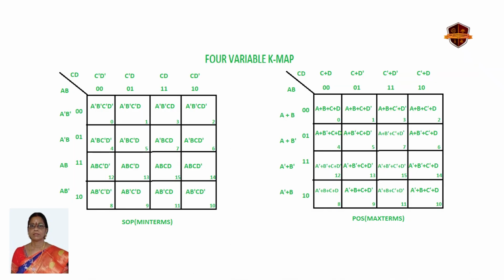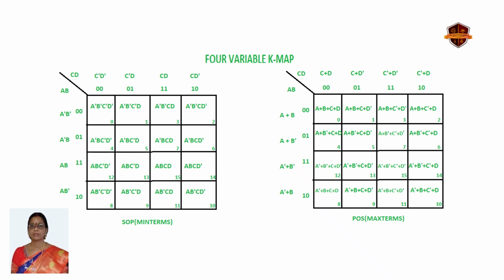Now we will discuss the representation of min terms inside the 4 variable map. See the first one, SOP, which is otherwise called min terms. Here the 4 variables are represented as A, B and C, D. As we have discussed earlier, AB means 0, 0, 0, 1, 1, 1, 1, 0. So if it is 0, you represent the variable with bar. If it is 1, you represent the variable as it is. For example, if it is 0, 0, it is A bar, B bar.